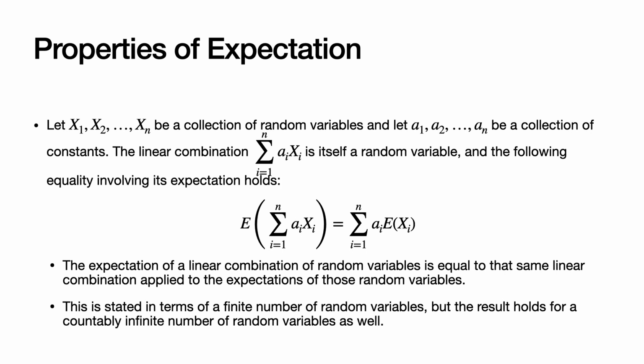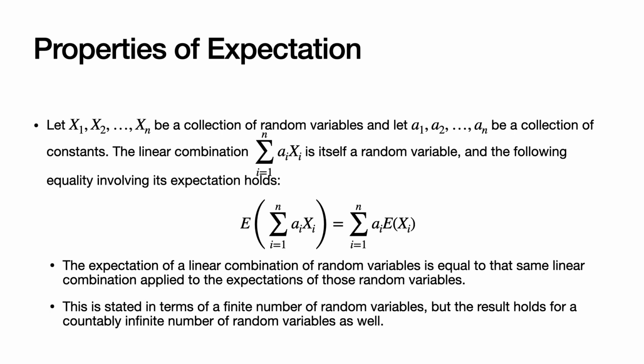Next, let x1, x2, and so forth up to x sub n be a collection of random variables, and let a1, a2, and so forth up to a sub n be a collection of constants. Note that the linear combination given by the sum i going from 1 to n of a sub i times x sub i is itself a random variable. The following equality involving the expectation of this random variable holds.